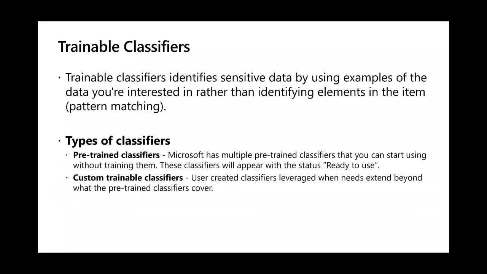Now, the other complex sensitive information type that we talked about earlier is what we call trainable classifiers. This is where you train our backend intelligence to identify sensitive data by uploading and giving us examples of the data that you're interested in, rather than trying to identify the elements through pattern matches or advanced regular expressions.